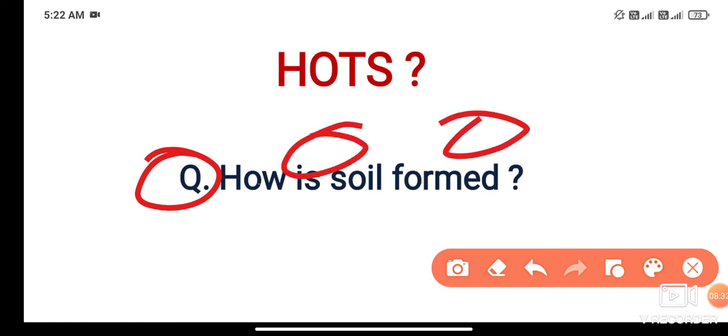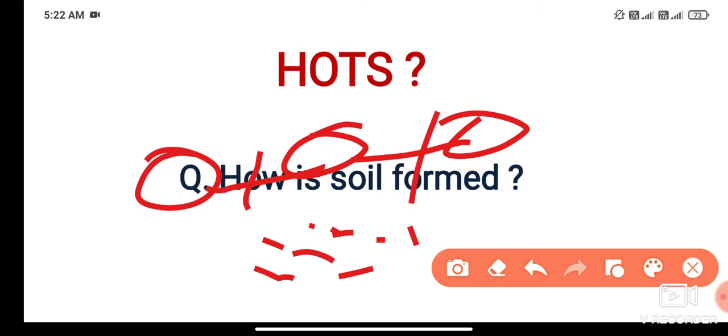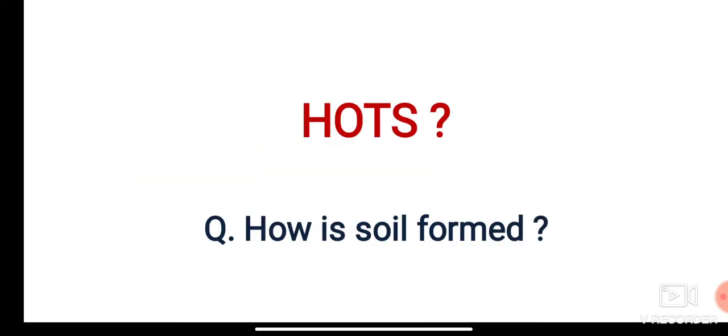When it breaks down into small particles, that is how soil is formed. That is by breaking down of the rocks, and they are known as the parent material. That is how soil is formed. I hope now you are clear.